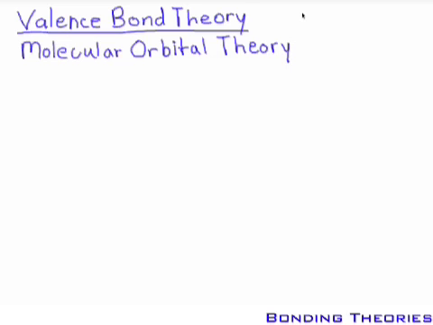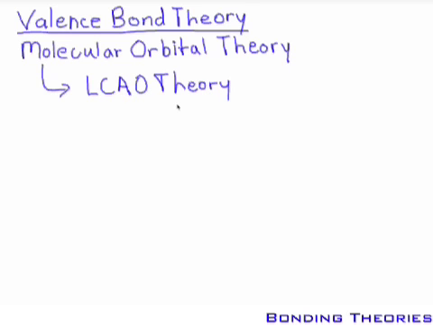Now, in molecular orbital theory, we utilize LCAO theory. And LCAO theory simply stands for linear combination of atomic orbitals theory.